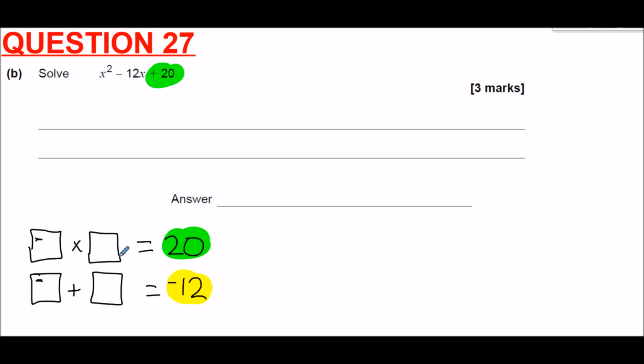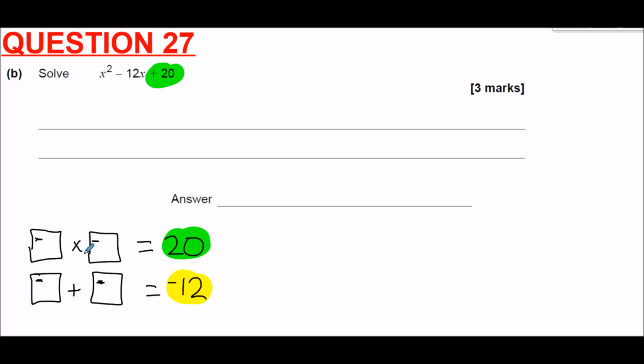The only way we can multiply numbers together and get a positive result is if both numbers are positive, which can't be the case here because at least one's negative. So either both are positive or both must be negative. So because at least one's negative, that means that the other one must also be negative. So both numbers we're trying to find must be negatives.